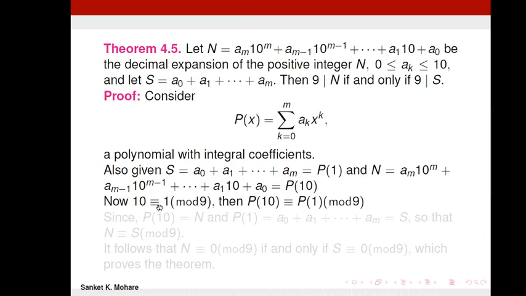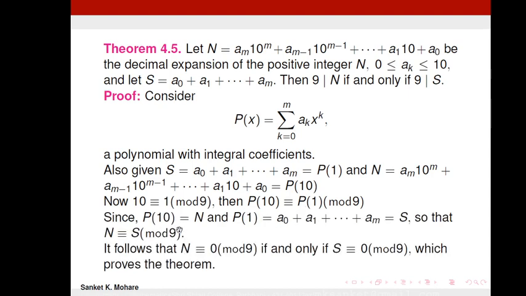Now 10 is congruent to 1 modulo 9, as 9 divides the difference of these two integers, 10 minus 1, which is 9. So by previous theorem 4.4, whenever a is congruent to b modulo 9, then P of a is congruent to P of b modulo 9. Therefore P of 10 is congruent to P of 1 modulo 9.